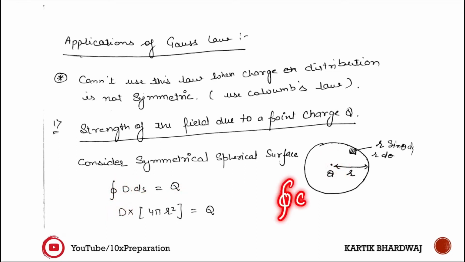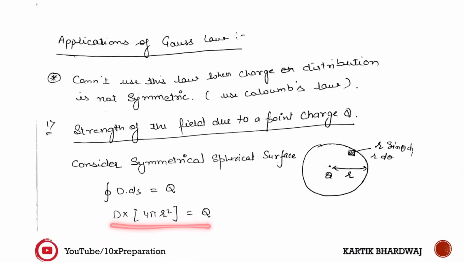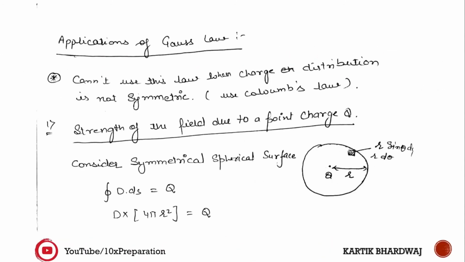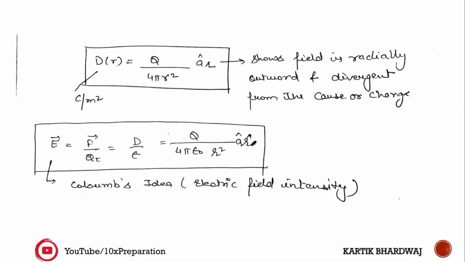The closed integral of dS of a sphere is 4 pi r squared, the surface area of the sphere, so D times 4 pi r squared equals Q. Hence D is equal to Q upon 4 pi r squared, in the direction of a_r, the normal direction, directed outward.